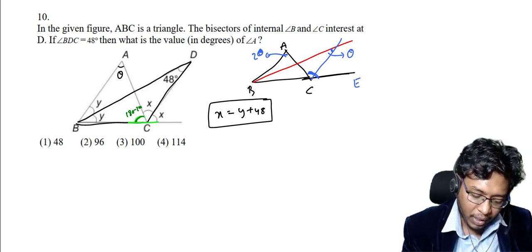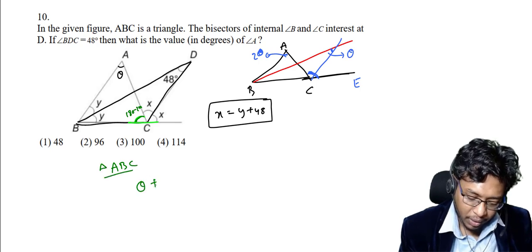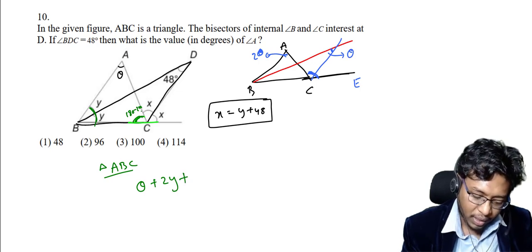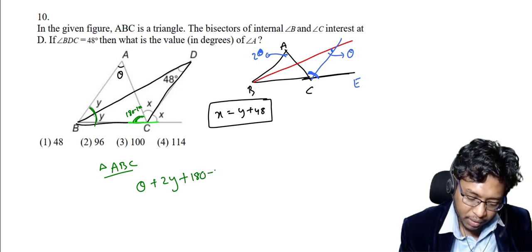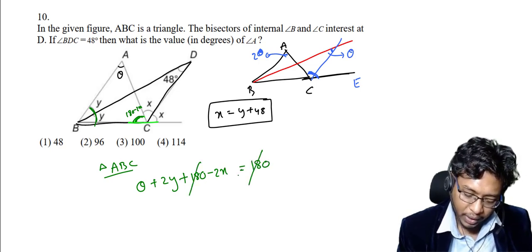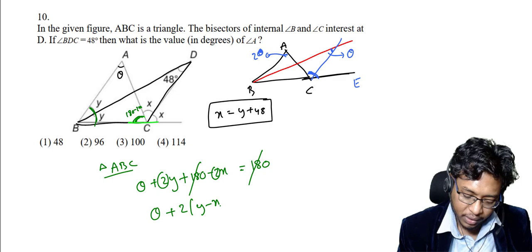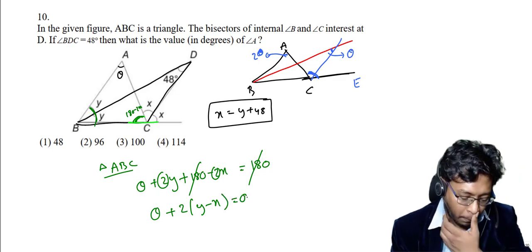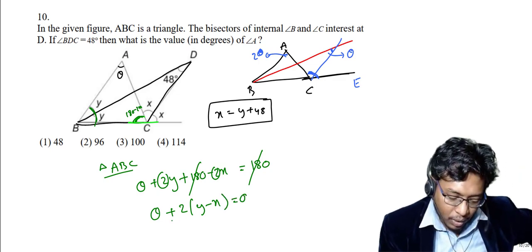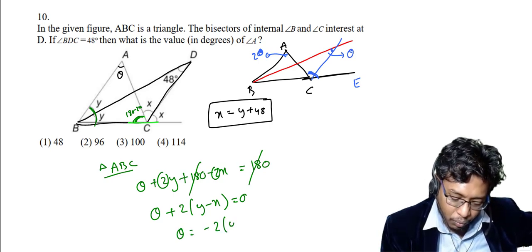So if I take my triangle ABC, what you can write is theta plus 2y plus, what is this angle? 180 minus 2x. This total angle should be 180. So 180 cancels. So theta plus, if I take 2 common here, it will be 2 into y minus x equal to 0, right? Now see this, I want theta. Theta is equal to minus 2 into y minus x.